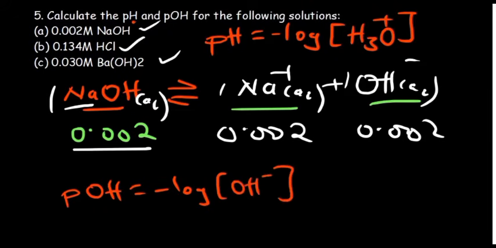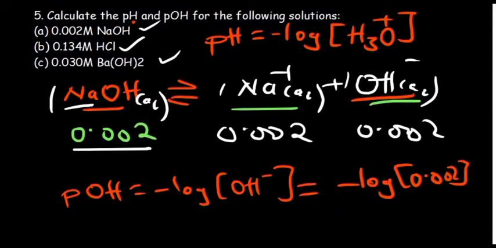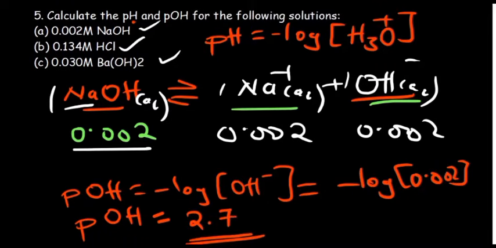In this case we have the hydroxide concentration because we're talking about the base. So it's going to be the negative log of the concentration, which is 0.02. Get your calculator, negative log of 0.02. What we have as the pOH is 2.7. So that is our pOH.